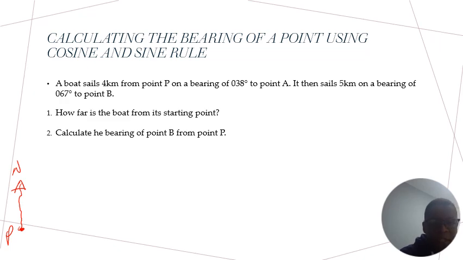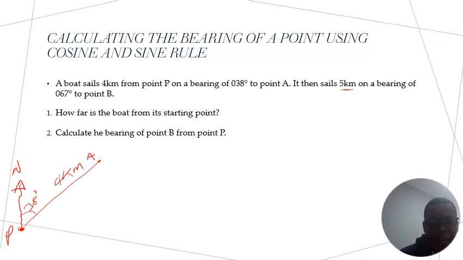And at this point P, we are saying at a bearing of 38 degrees, the boat goes a distance of 4 kilometers and arrives at point A. Then at point A it continues for a distance of 5 kilometers, but now on a bearing of 67.